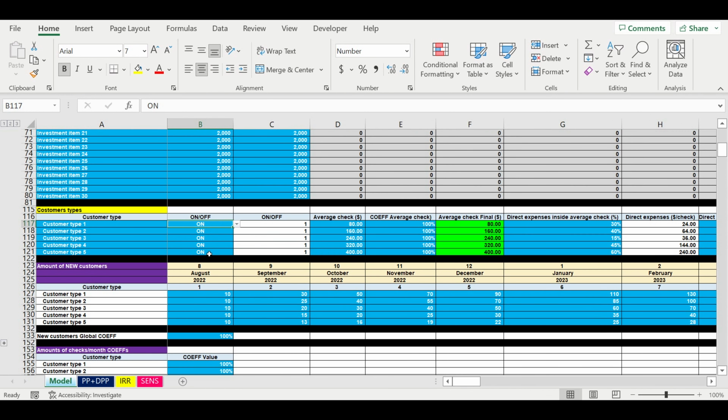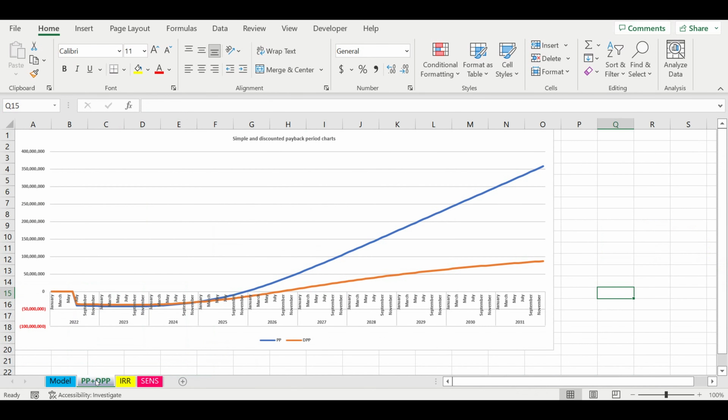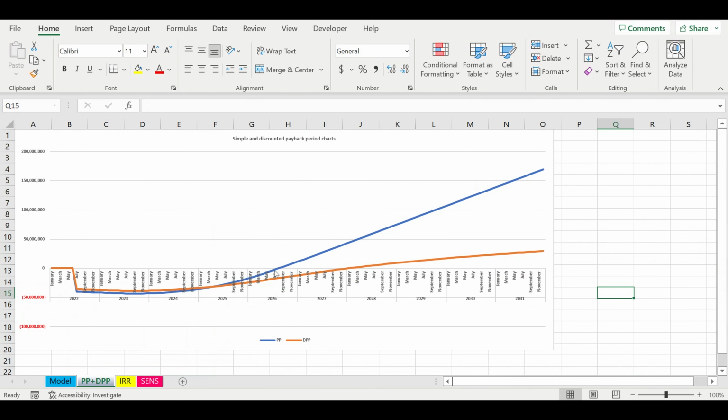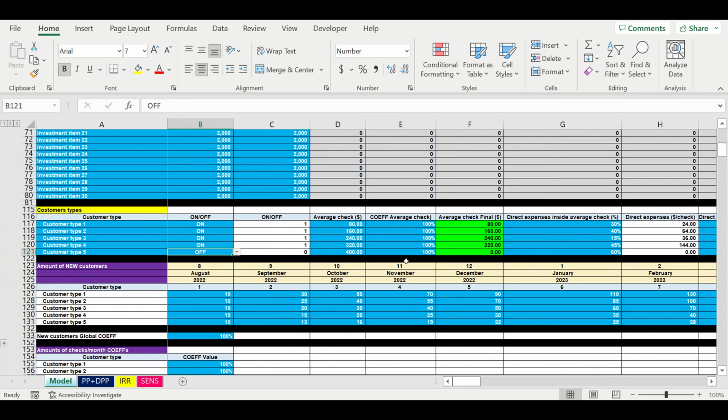For example, when we are done with the cash flow, we can just switch off this type of customer. We can go to the simple and discounted payback period diagram and see how this type of customer affects the simple and discounted payback period. We can also go here, switch off this type of customer, then we can go back.